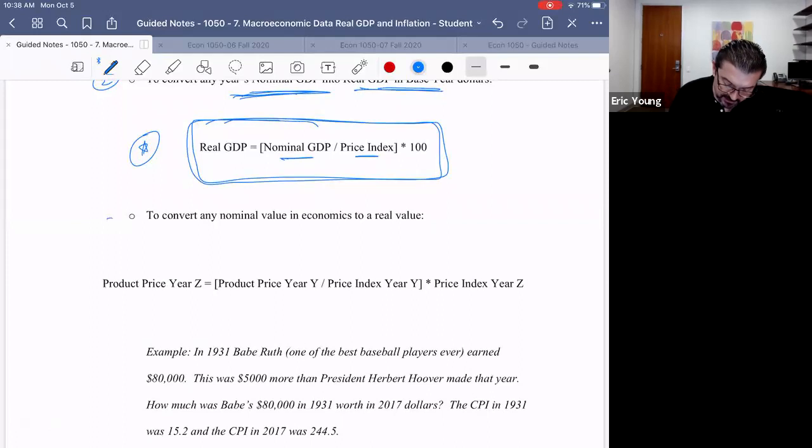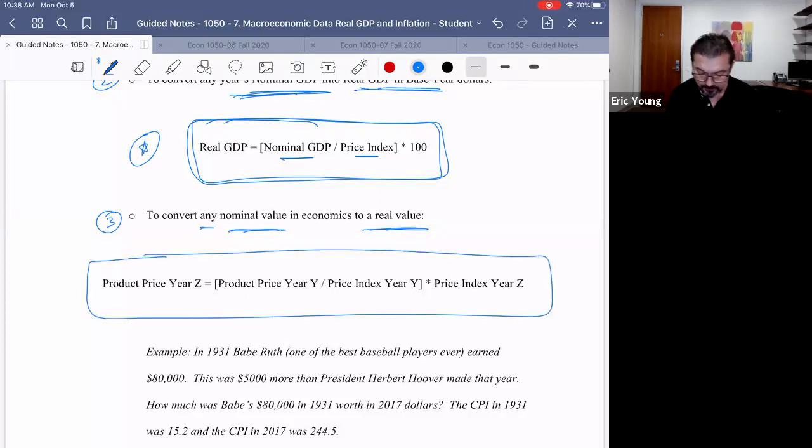And in fact, this leads us to a third formula, which is a really useful formula outside of just GDP and broadly in economics, to convert any nominal value into a real value. And in this case, I'm using year Z and year Y, which is confusing. It's best to just plug numbers in and actually crunch them out, okay? But to convert any nominal value to a real value, here's your formula.